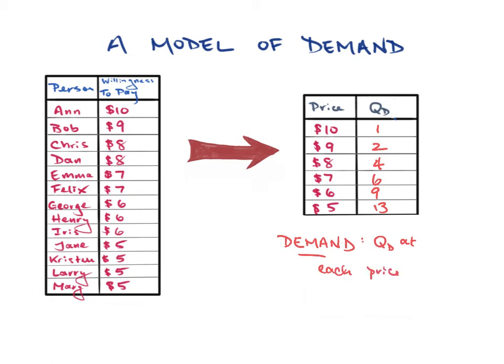There are 2 ways that we show the demand for an economy, or we can express demand for an economy. One is a demand curve in a graph.